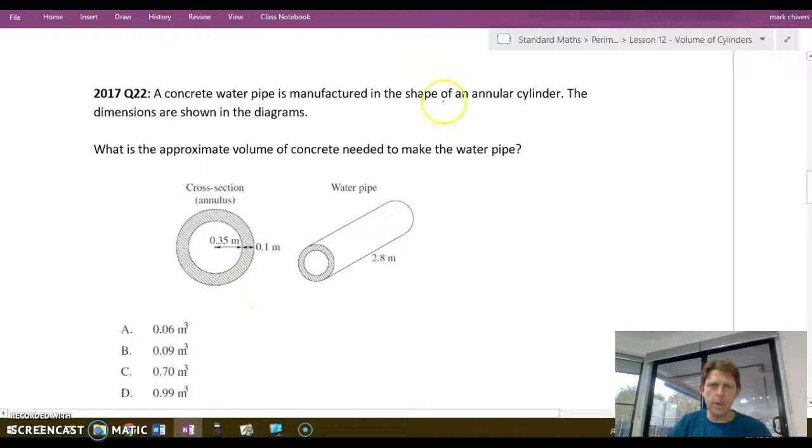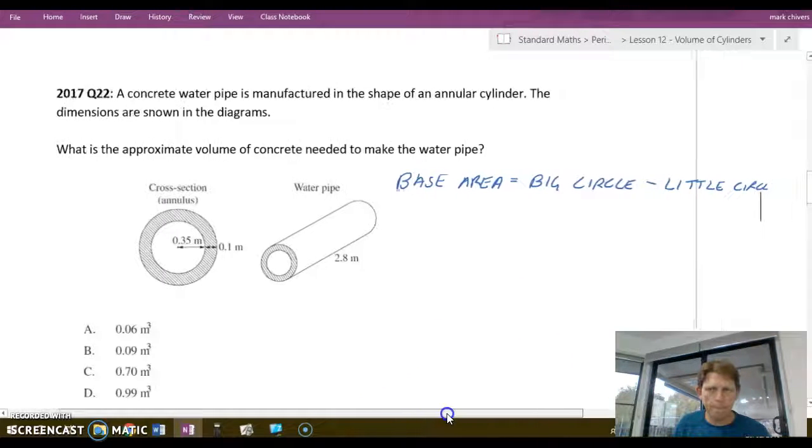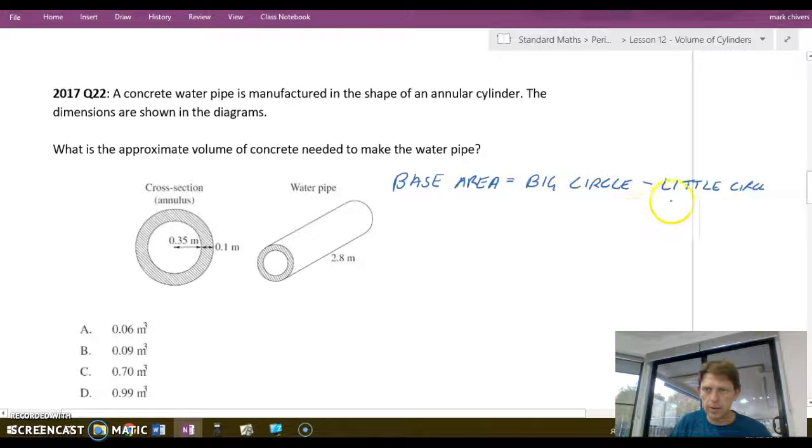So I'll start up here and say base area equals big circle, take away little circle. I'm running out of room, I'll just move across a little bit. There we go.